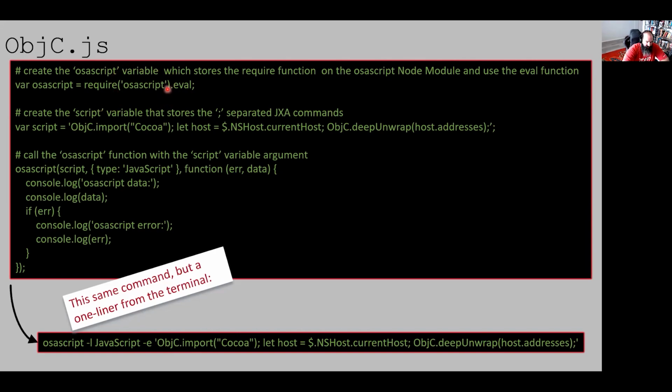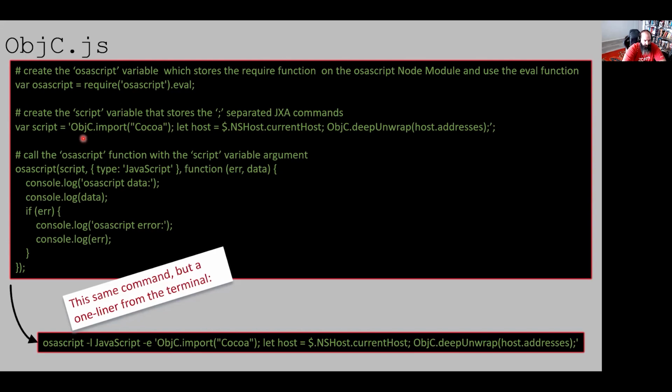We have the argument in quotes, osascript, telling Node that we want to use the osascript module that we have saved in our project. So this eval function in the osascript module allows you to use JavaScript commands written directly as text.